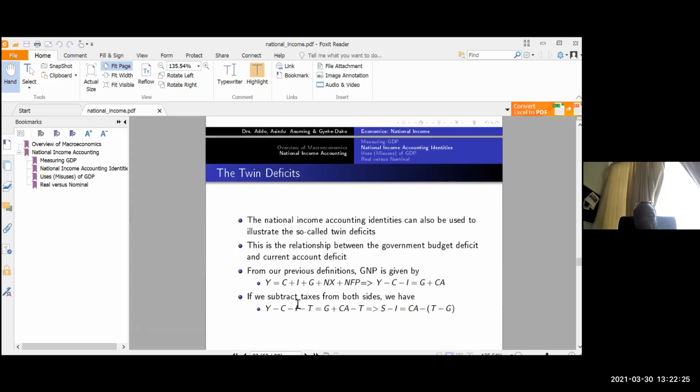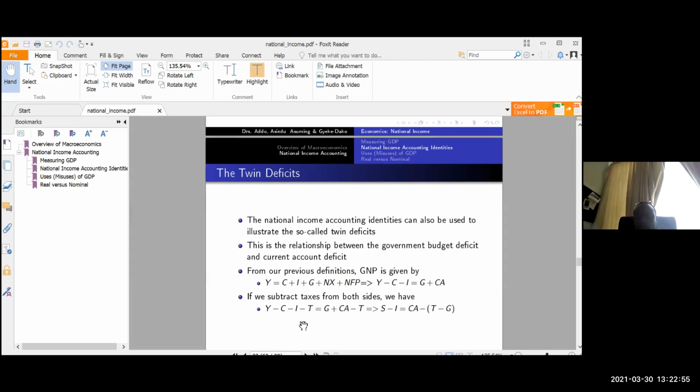If you subtract taxes from both ends and simplify, that will give you clearly the relationship between the deficits. So you take out taxes, Y minus C minus I minus T, and then you subtract the tax also on this end, so minus T will be on this end.